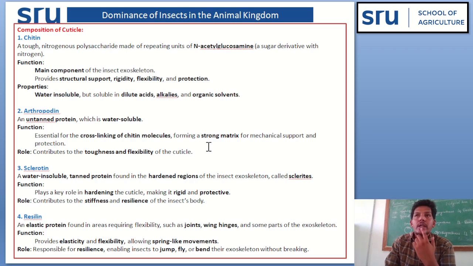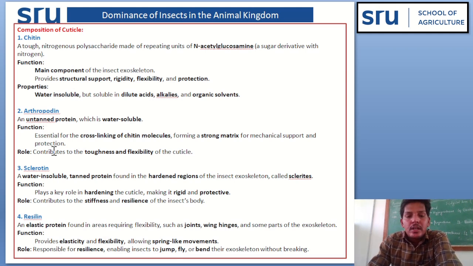Before going into the discussion about the epidermis, we will discuss the composition of the cuticle. That is, what is chitin, what is arthropodin, what is sclerotin, and what is resilin. Chitin is a tough nitrogenous polysaccharide made up of repeating units of N-acetyl glucosamine.